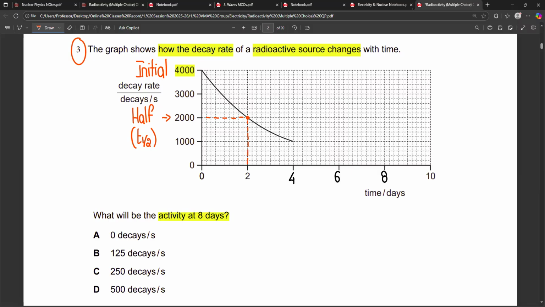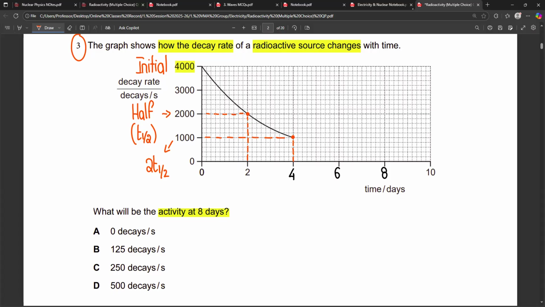It means after every 2 days, the value of the nucleus or the value of that decay decreases to half of its original value, right? Now further you can see at 1,000, we have the second half-life. So this is the second half-life at 4.